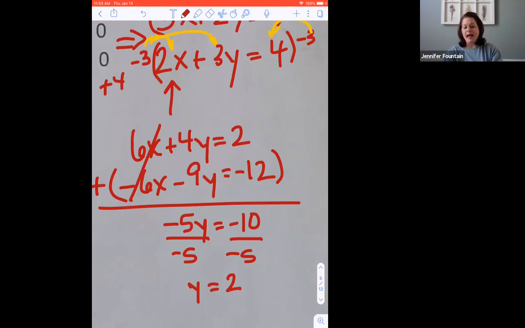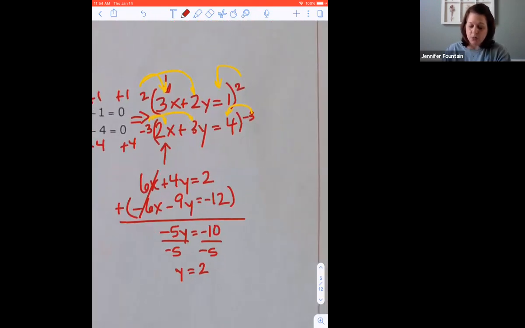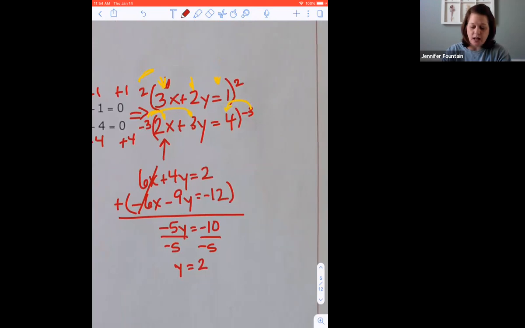So now I go back and I can plug in 2 to any of my previous equations that I've got. So again, I could even start with this 3x plus 2y equals 1. So I have 3x plus 2, whoops, this 2 is part of my equation.